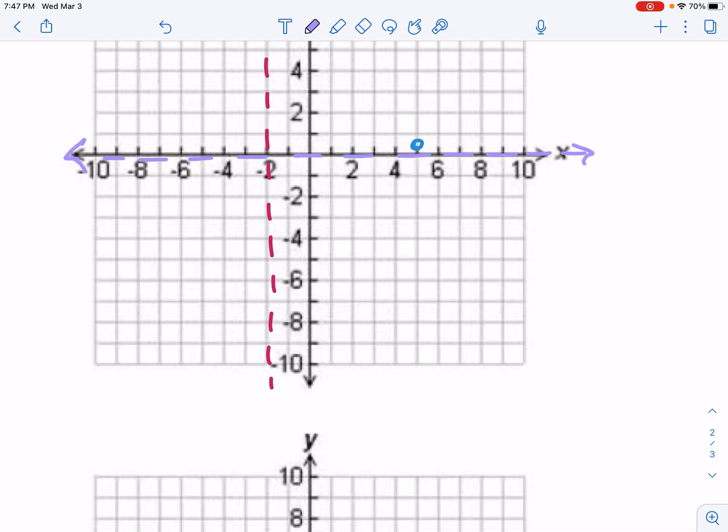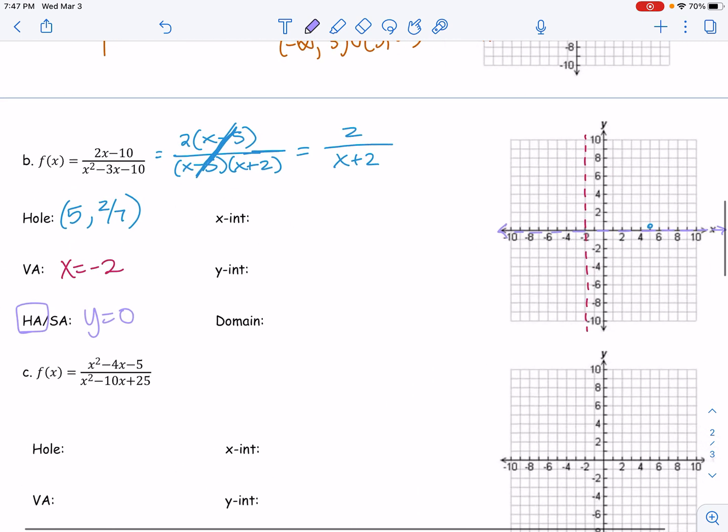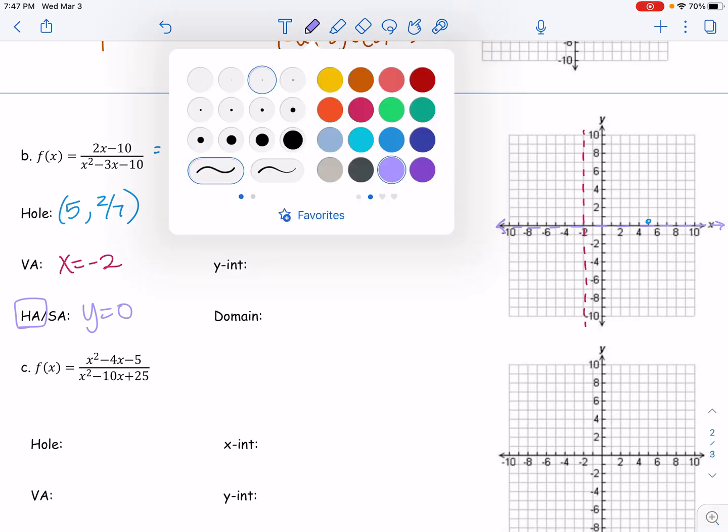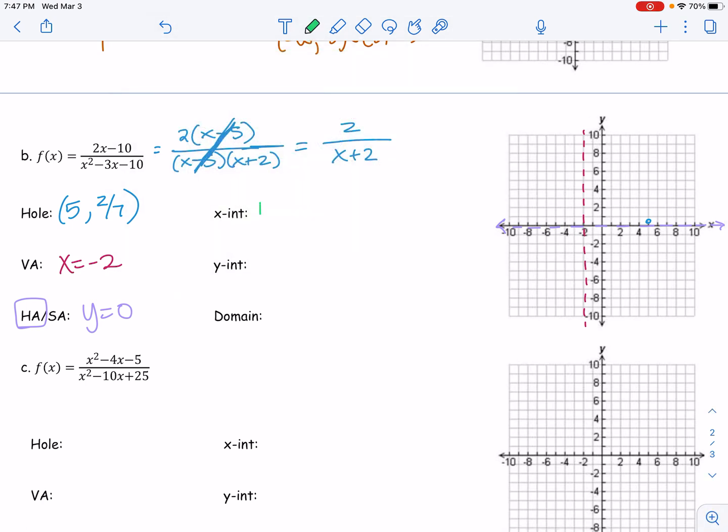So that hole is right above my horizontal asymptote. X-intercept, set my numerator equal to 0, not possible. So I do not have any x-intercept, so my graph will not physically cross the x-axis for the entire graph. And remember, our x-axis is our horizontal asymptote for this graph. And then y-intercept, I would get 0, 1.